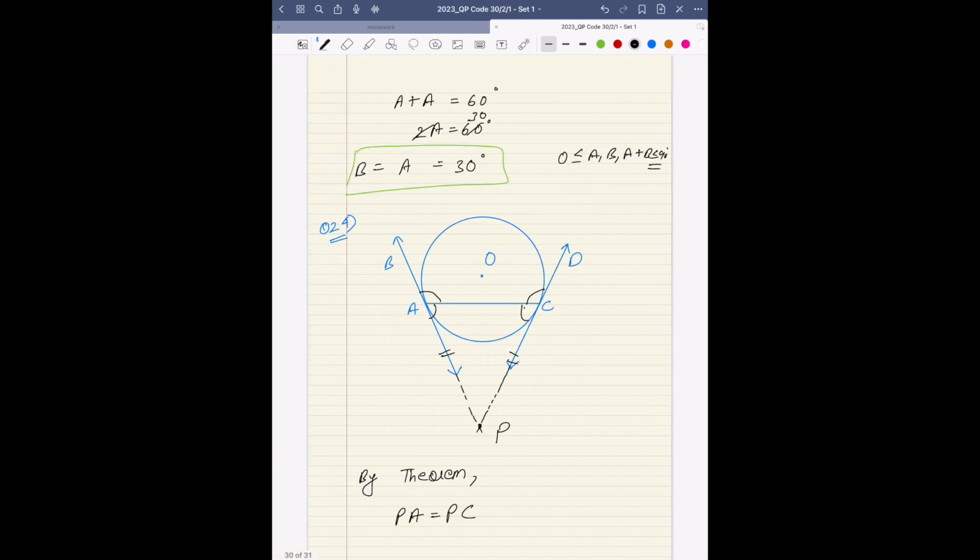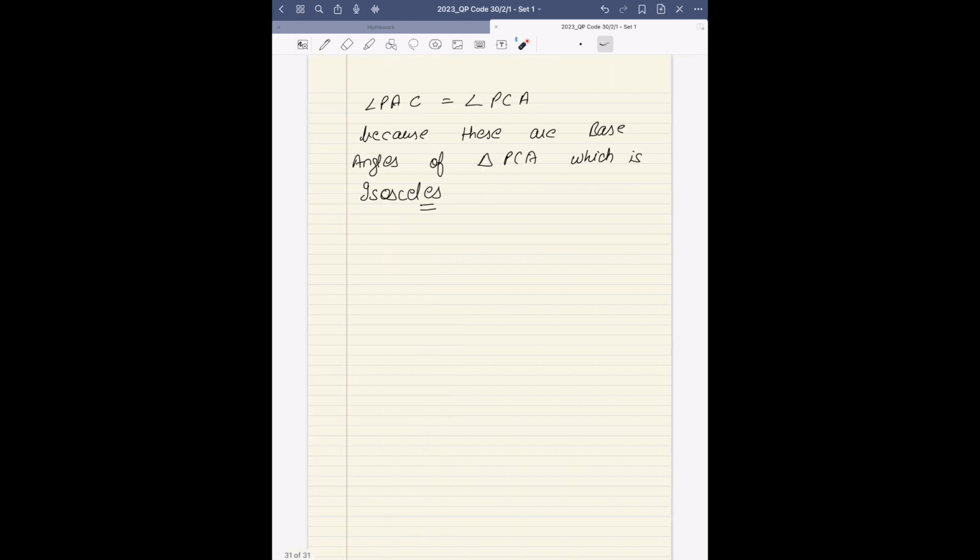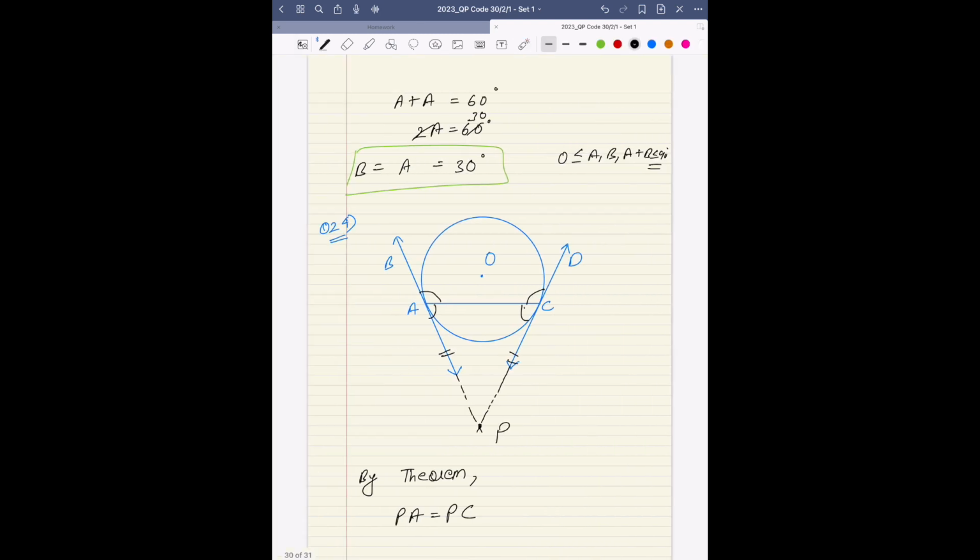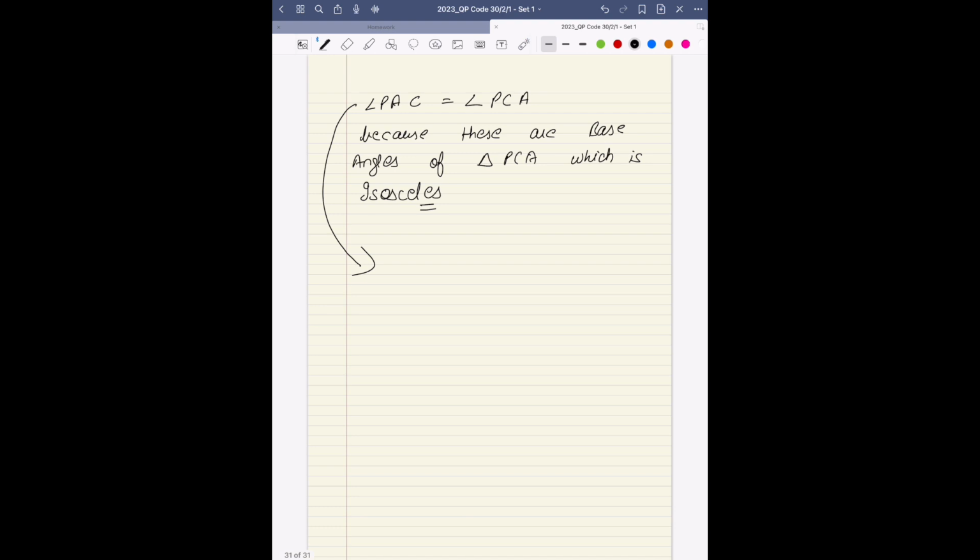So this is equal. Now you might be getting the answer. And this is a straight line. So can I write PAC as, since it's a linear pair, this angle plus this angle will give you 180 degrees. So I can write angle PAC as 180 minus angle BAC. If you have confusion, then PAC plus BAC is 180, so put this term on the other side.